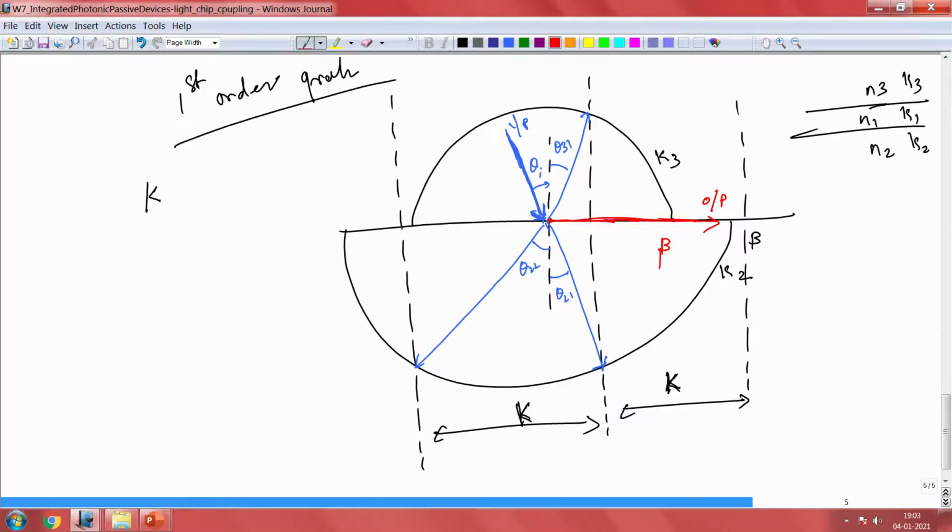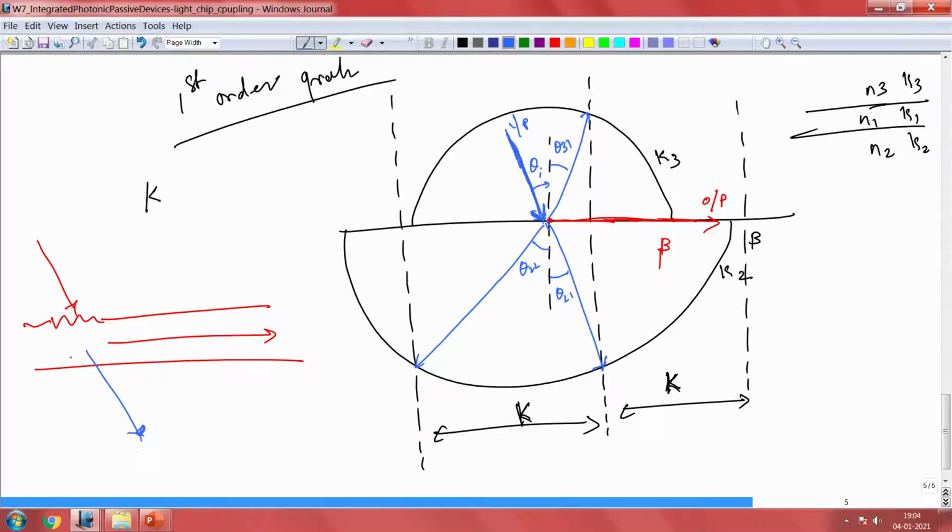When you are having a grating and you are illuminating this, you will have light that is propagating through this, and the blue ones are this way, and you could also have something like this. So the light is going through this. What you could do is use a reflector in order to reflect the light back.